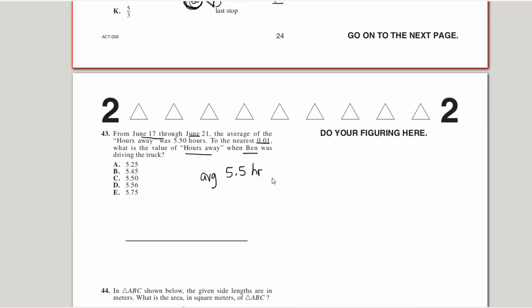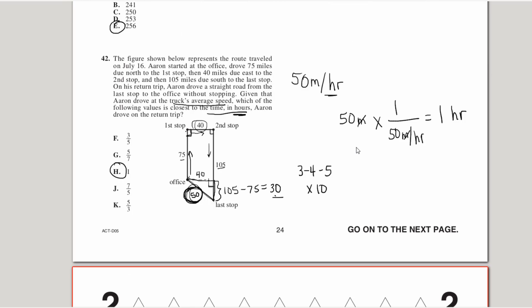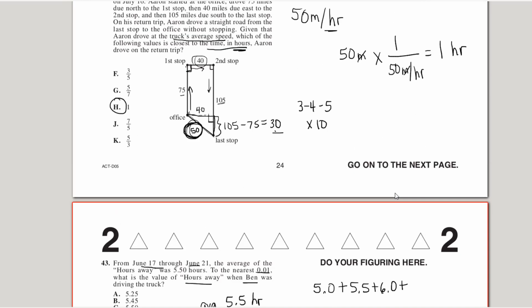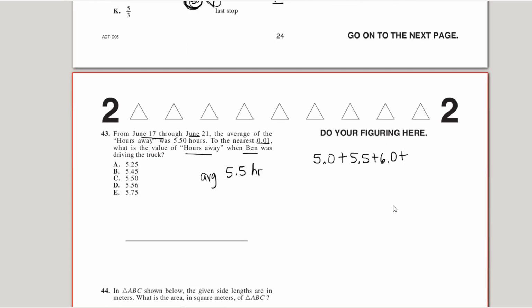So we were given up above that 5 hours plus 5.5 plus 6.0 plus that fourth value was 5.75. And we have the unknown for Ben, we'll say plus B. That divided by 5, there's 5 values, is equal to this average of 5.5.